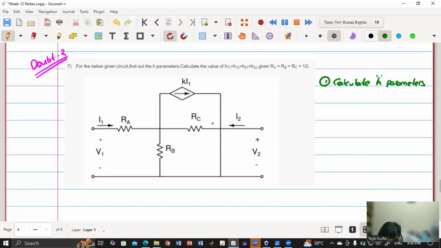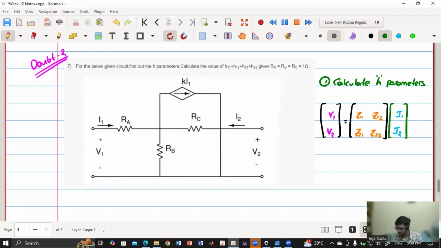For Z parameters, we have V1, V2 equals Z11, Z12, Z21, Z22 into I1, I2. Now whenever you make I2 equal to 0, you can calculate Z11 and Z12. Whenever you make I1 equal to 0, you can calculate Z21 and Z22.